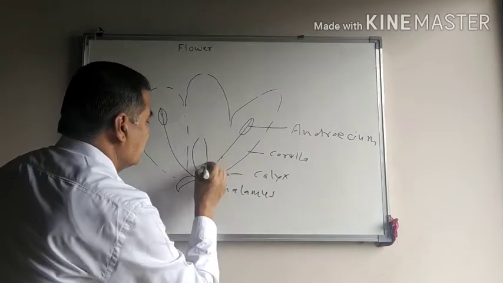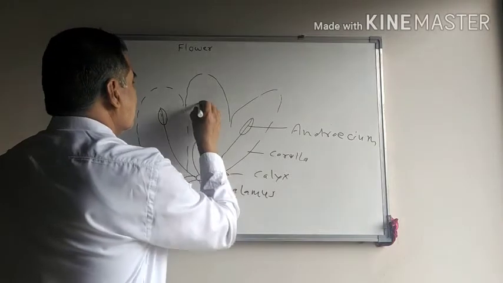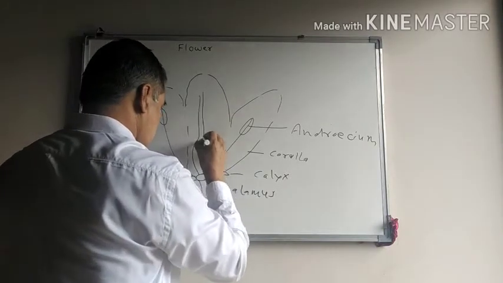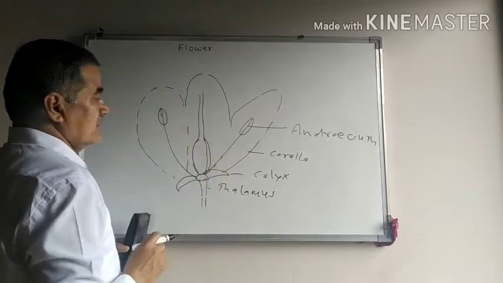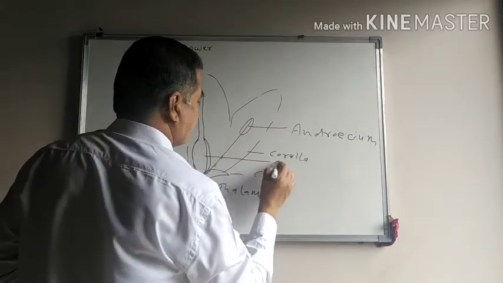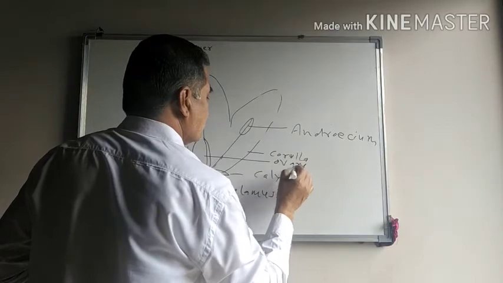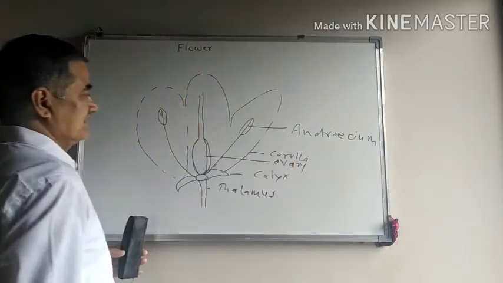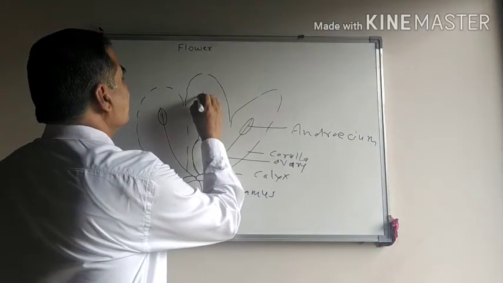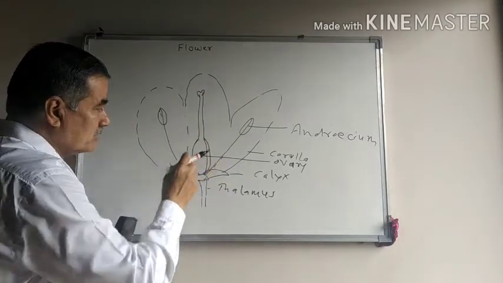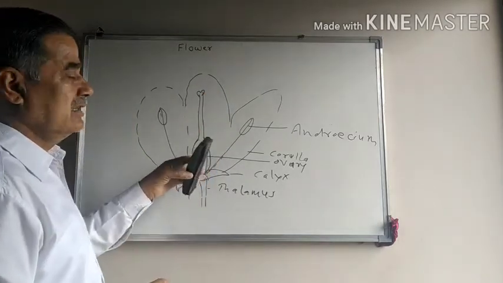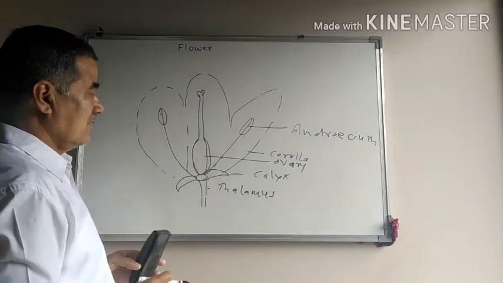The innermost layer of the floral parts, which bears the ovary, is known as the gynoecium. Gynoecium is the innermost fourth essential whorl of the flower.